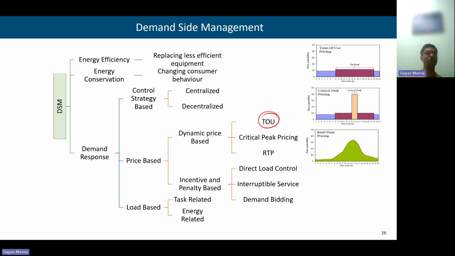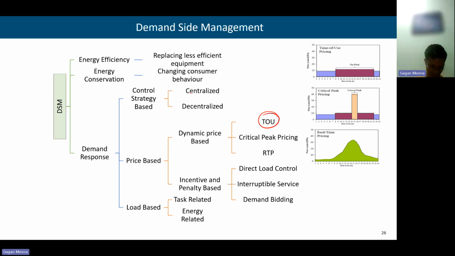But to recover this, they would add different types of components in the bill. In addition to the tariff, they would ask you to pay different types of surcharge, say fuel surcharge, and different types of elements can be added into the bill to recover that amount which was there due to the volatile nature of the electricity market.